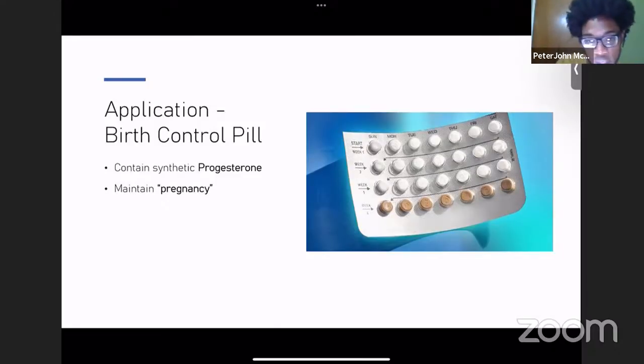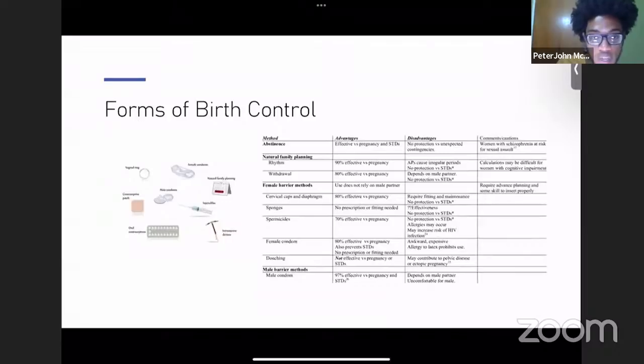This is just some forms of birth control. For this one, I'm not going to go through it specifically. I just want you guys to read it or take a picture of it or write it down. This could really come on your exam, so know this stuff. I have some pictures over to the side as well. All right, let's continue.